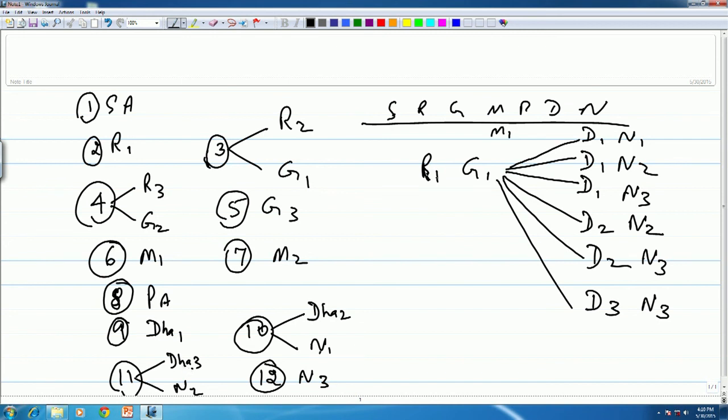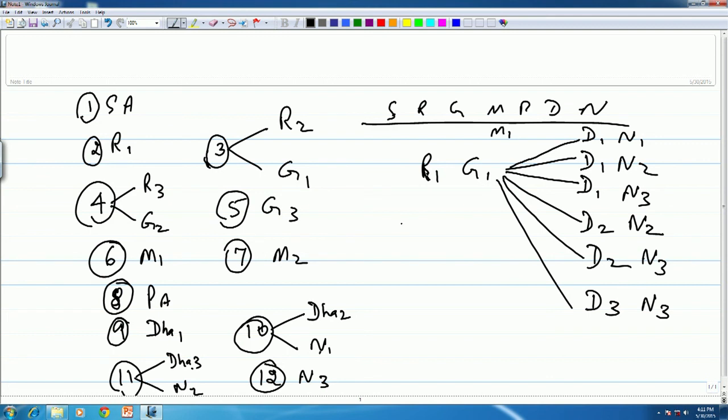So with just one set of Ri and Ga, Ri1, G1, you have 1, 2, 3, 4, 5, 6 combinations of Dha and Ni possible. And we have 6 possible combinations of Ri and Ga also.